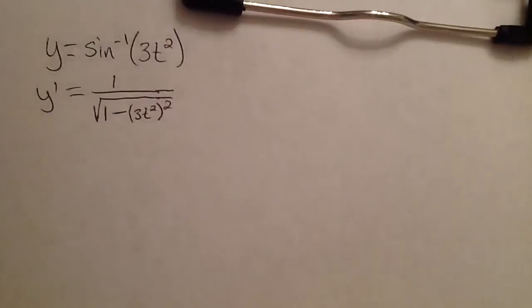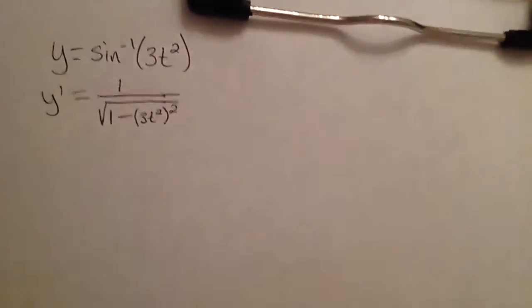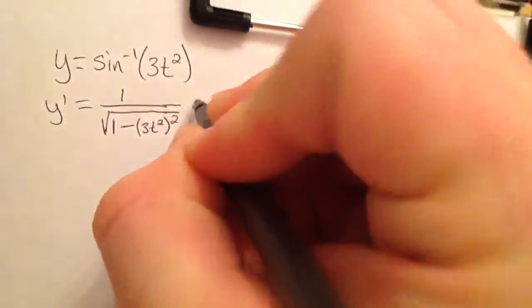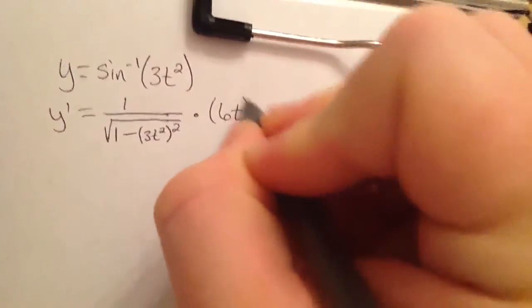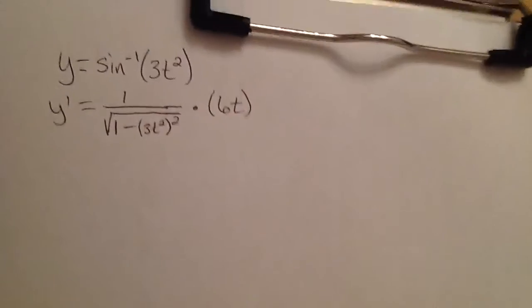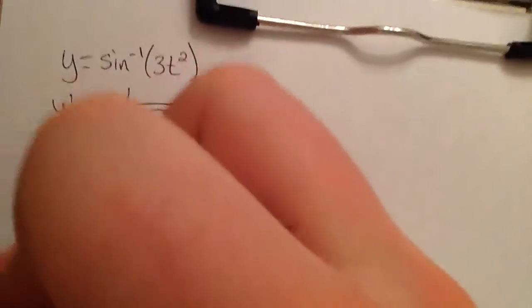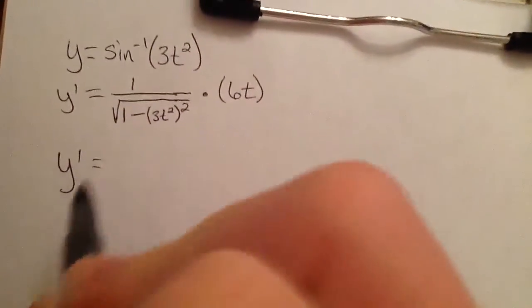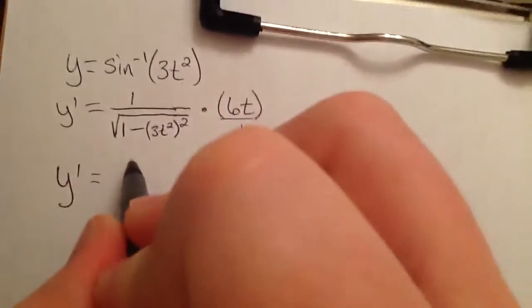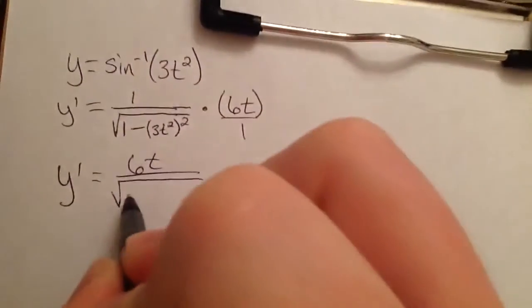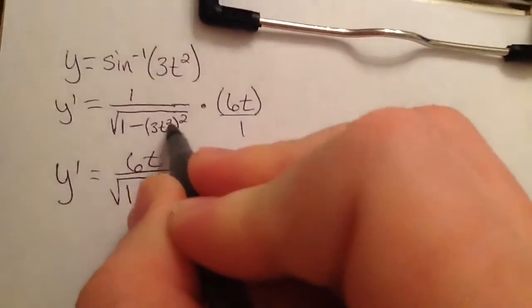That would be the derivative of the outside, and then we have to multiply that by the derivative of the inside, which is easy, it's just 6t. A little bit of simplifying, so y prime will equal, if we multiply these, you just multiply the top, so it's going to be 6t over the square root of 1 minus 3t squared squared.